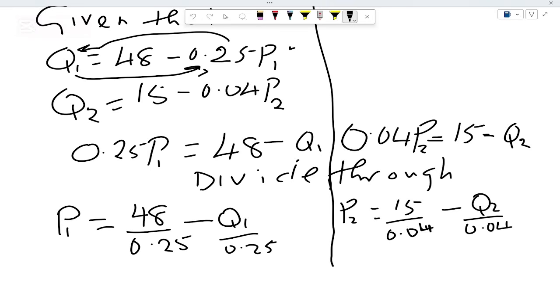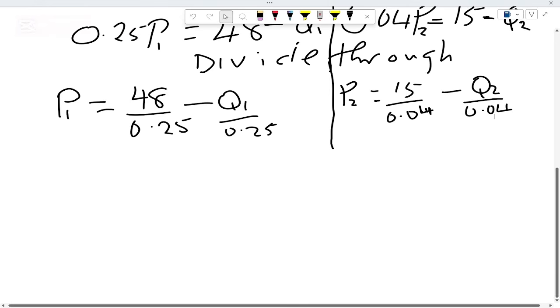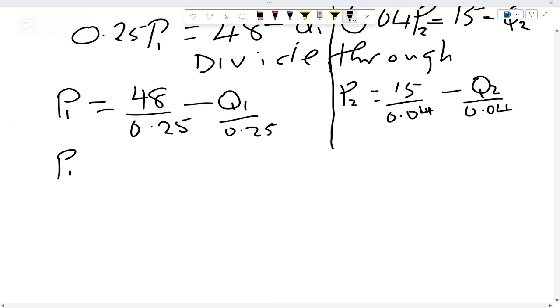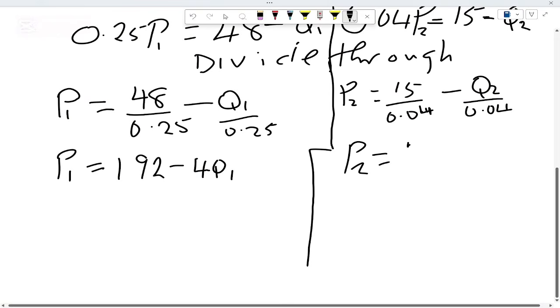Then this will give you P1 equal to 192 minus 4Q1, while this will give you P2 equal to 375 minus 25Q2.